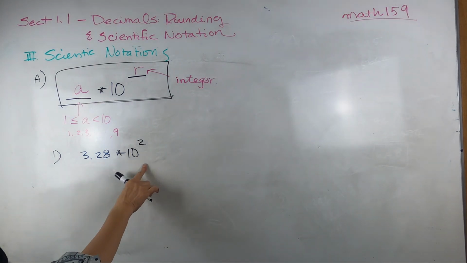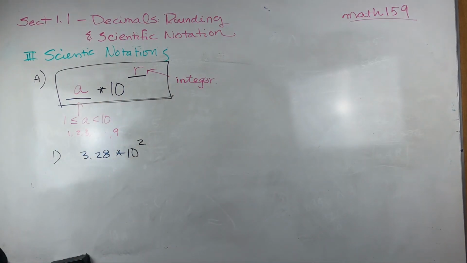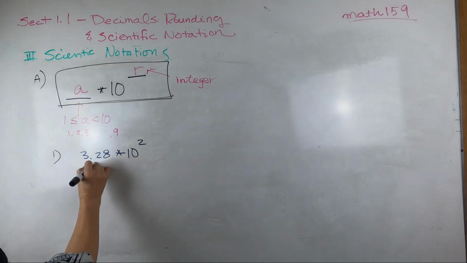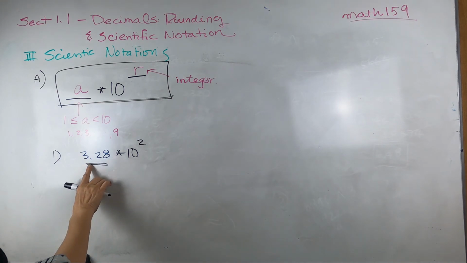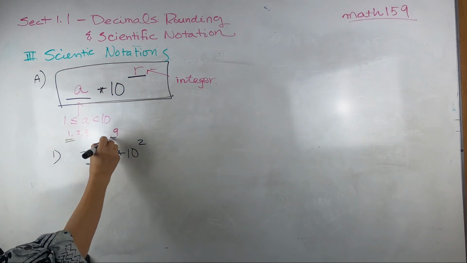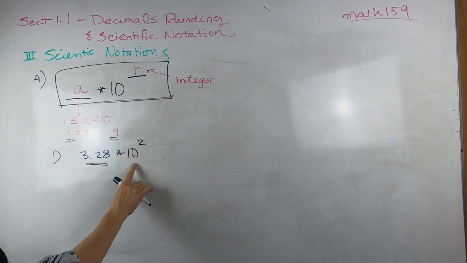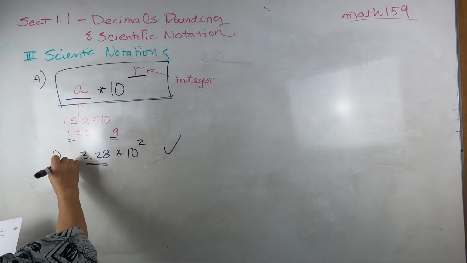If we write this style, is it the one we are talking about, scientific notation? Look at that. The number in front of the power of 10 is between 1 and 10, right? It's 1 to 9, yes. It's 10 to some power, yes. So if we write this style, it is a scientific notation.